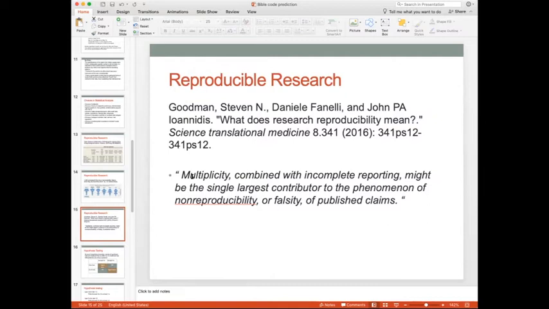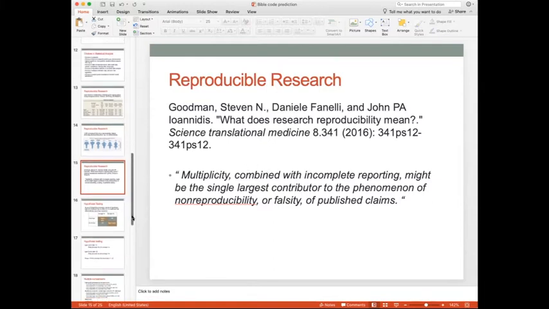So it's possible that people make multiple attempts on the same data set, and they report what is significant or consistent with their belief. So that's the problem. The incomplete reporting and multiplicity probably produce a lot of noise in our scientific literature.